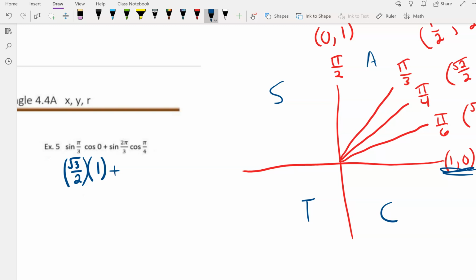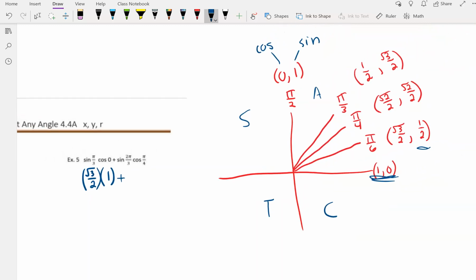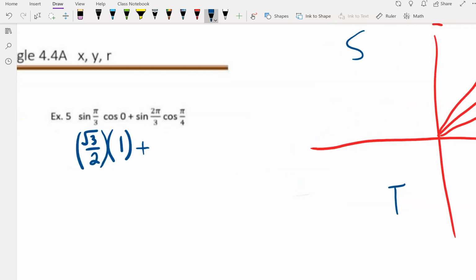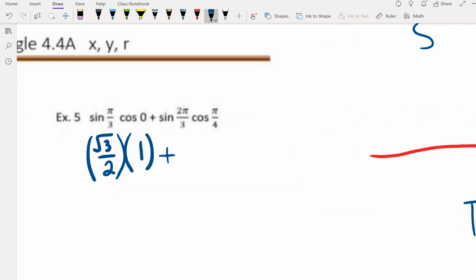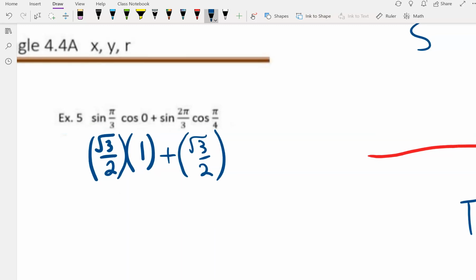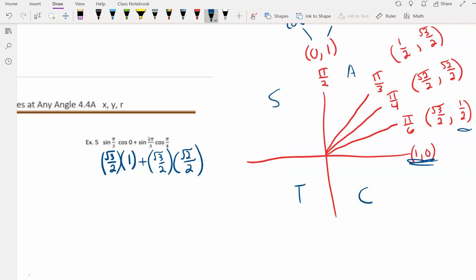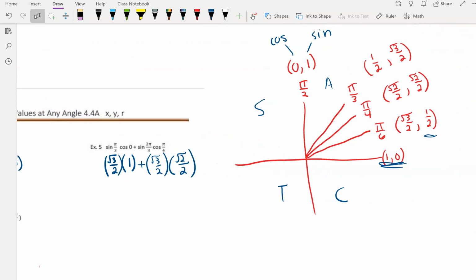And then since our reference angle is pi over 3, sine should be root 3 over 2. And then cosine of pi over 4 is always root 2 over 2. Again, if you didn't remember that, you could refer back to your unit circle.